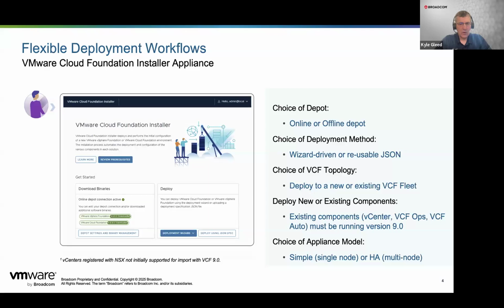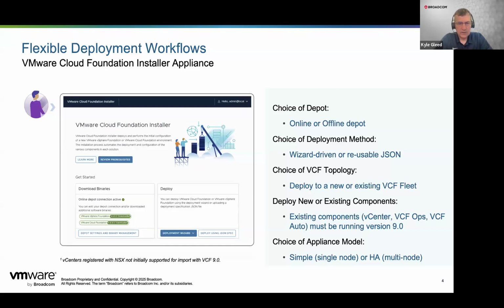And if you don't have those in your environment, you'll need to stand those up. You can stand those up by either taking an existing operations or automation instance and converting it into your VCF management domain, or you can deploy a new instance.